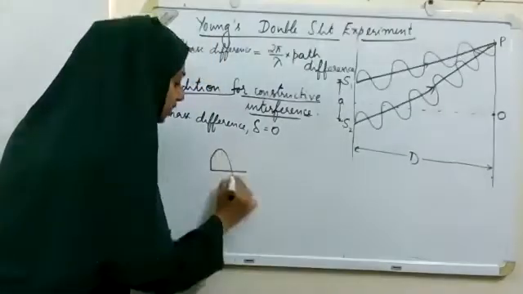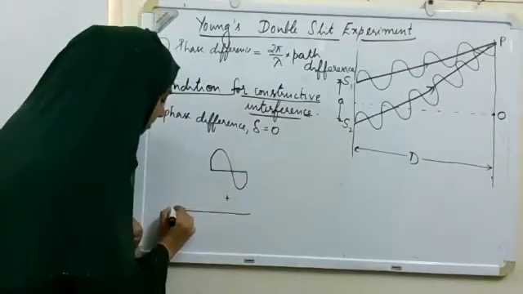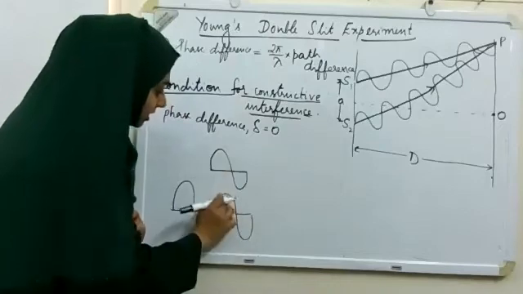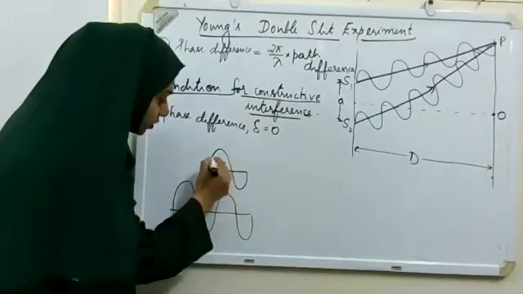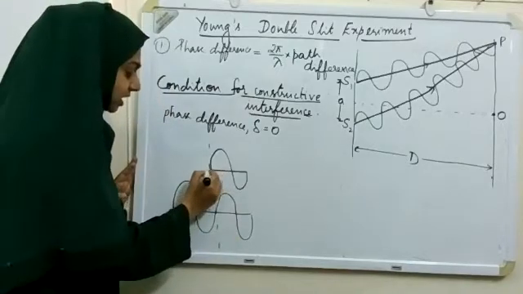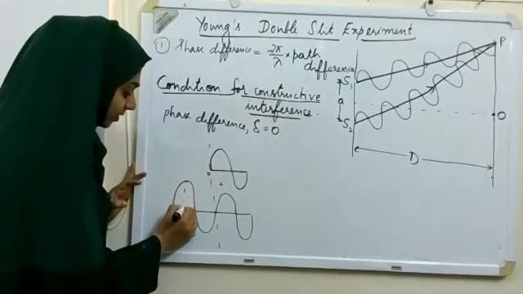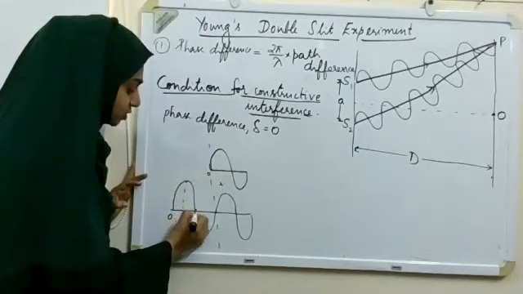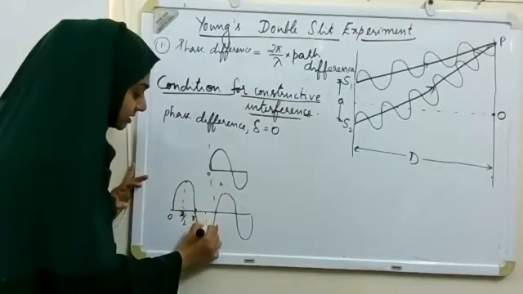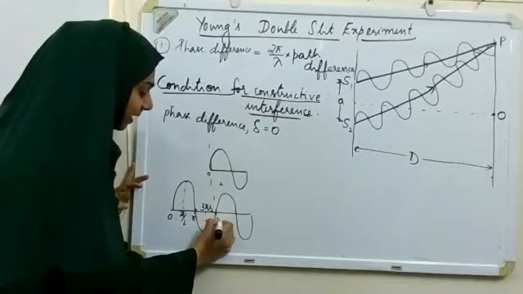Suppose this is one wave, and at the same time it meets another wave which has come like this. Okay, they also go together. See, here it started from 0. Here this is 0. This angle is pi by 2. This is pi. This is 3 pi by 2. Here you have 2 pi.